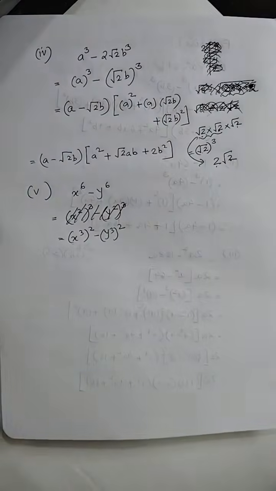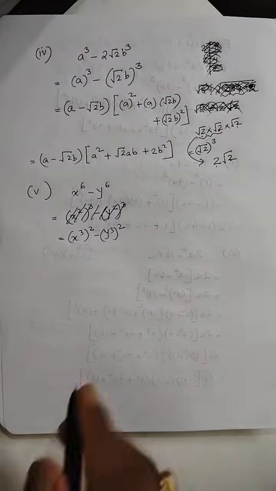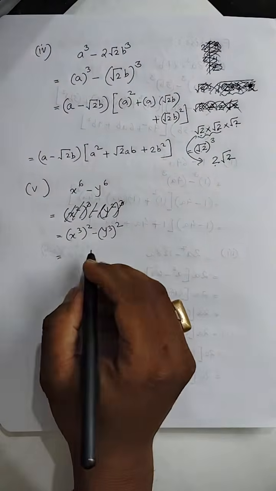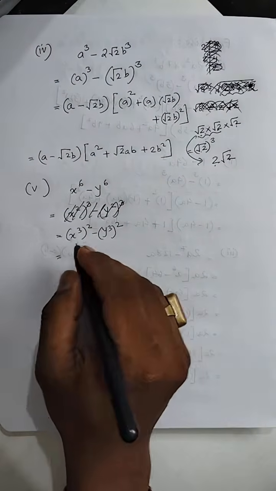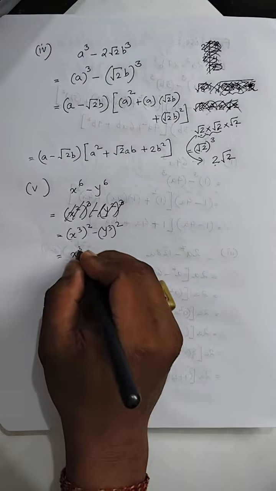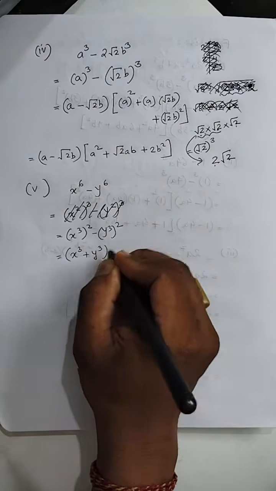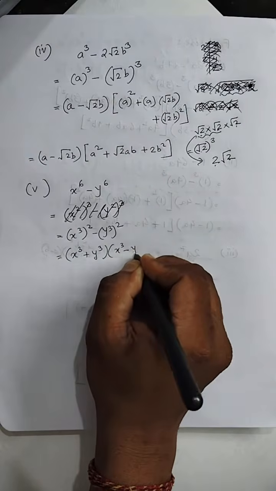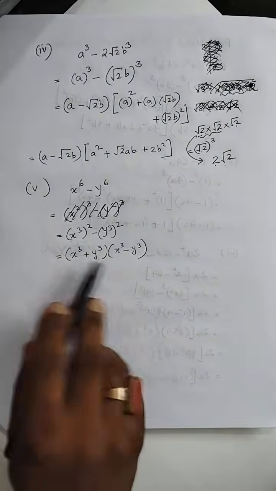Then we can factorize this using a square minus b square identity, right? So a square minus b square is a plus b into a minus b. So in that case this will be x cube plus y cube, और ये बन जाएगा x cube minus y cube. So in this question we have to use both the identities here.